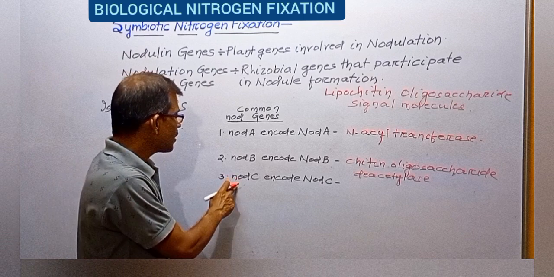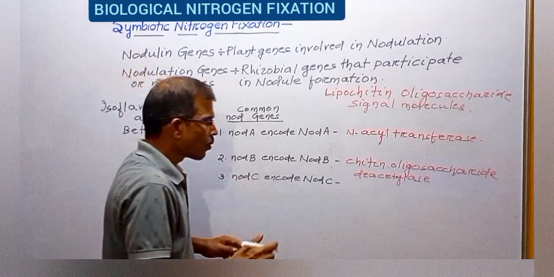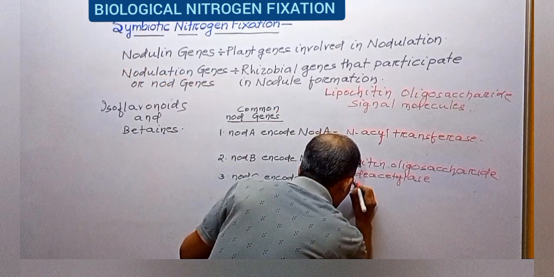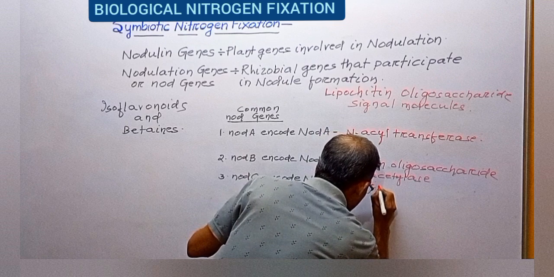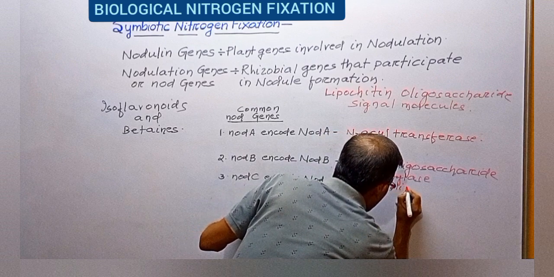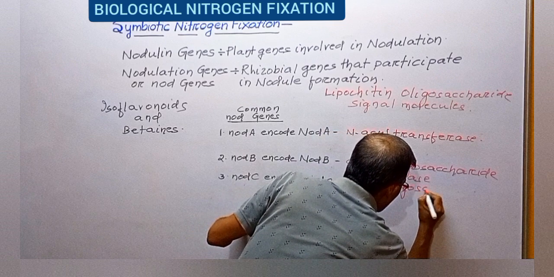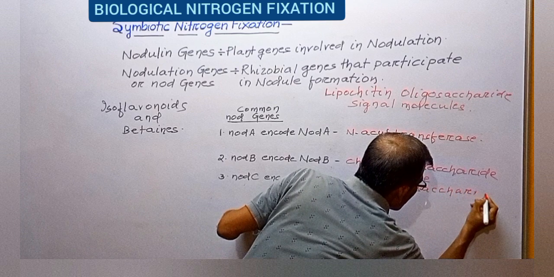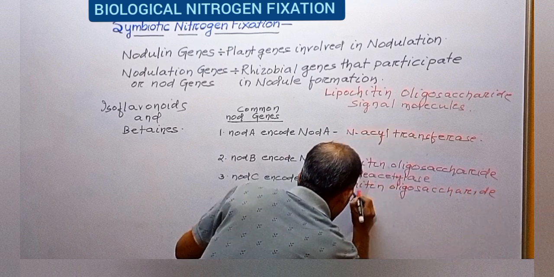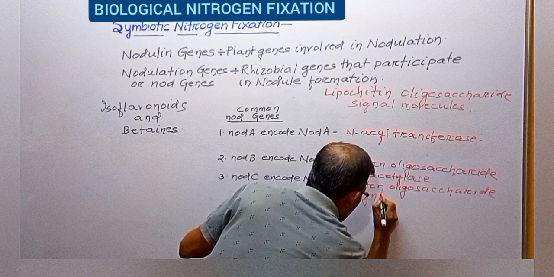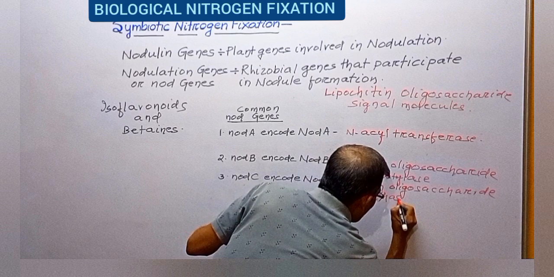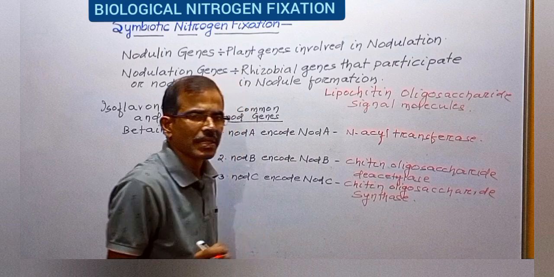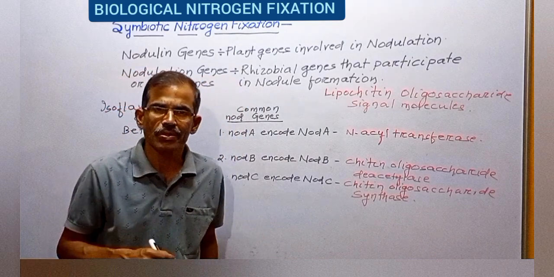And third gene, that is nodC, encodes chitin oligosaccharide synthase that links N-acetyl D-glucosamine monomers.